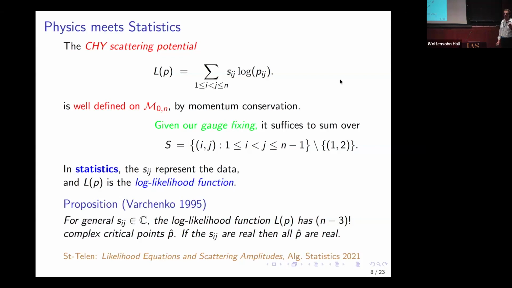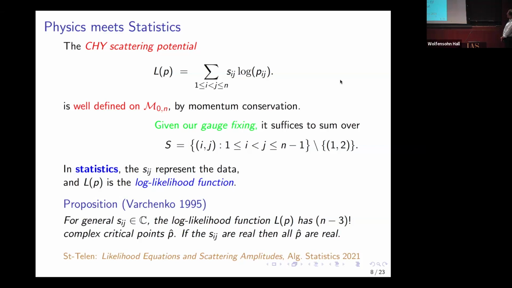So the Pij are not valid coordinates. They're not well defined on the moduli space. But what's well defined is cross ratios like P12 times P34 divided by P13 times P24. And momentum conservation, by design, makes this a well-defined function on our moduli space.